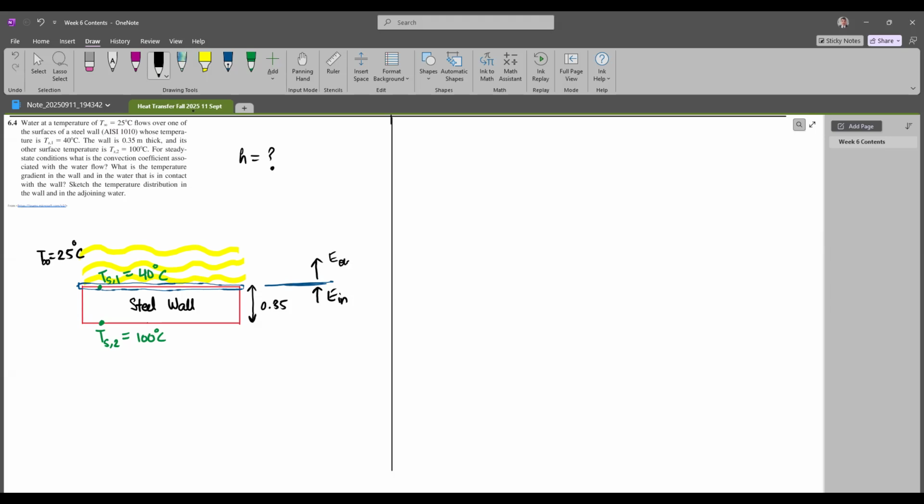The fluid is taking away the energy, right? But this surface, due to being very, very tiny, is not able to hold any energy itself. The mass is almost negligible. So we can say E in is equal to E out, exactly equal. And what is E in? E in would be the heat due to conduction, right?